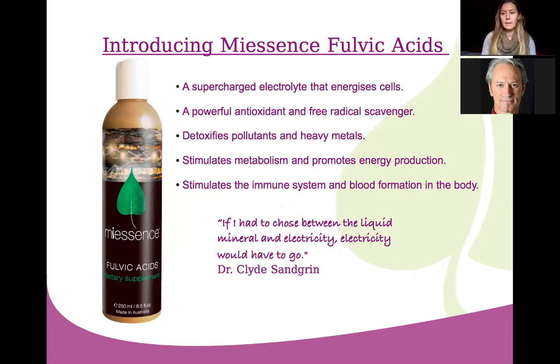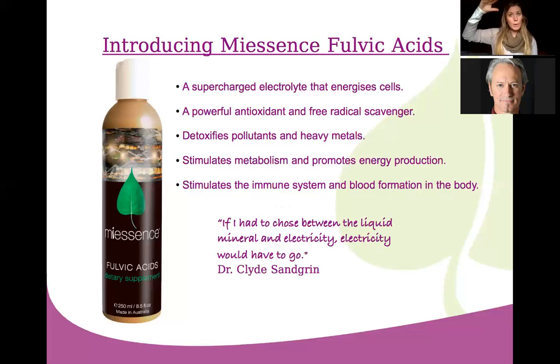You know that fulvic acids are produced from natural organic matter and microbial decomposition, so basically from peat or peat bogs, all the way through to coal. Coal is natural organic matter.